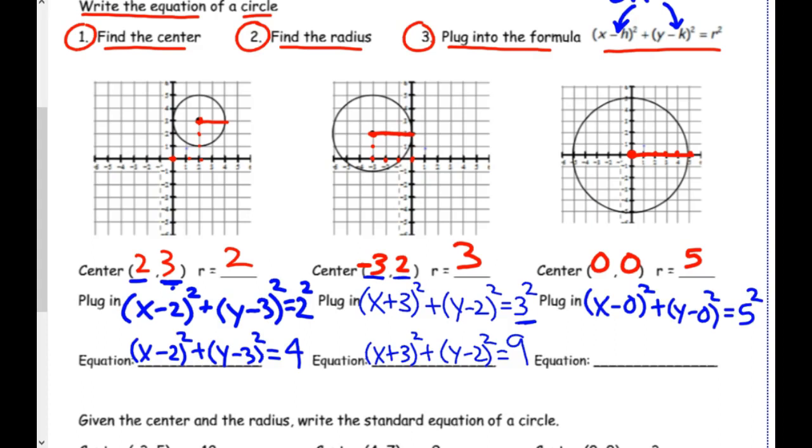Now guess what? X minus 0 is x, and y minus 0 is y. So we don't have to write the minus 0 anymore, right? So really our equation is x squared plus y squared equals 5 squared, which is 25. Okay?